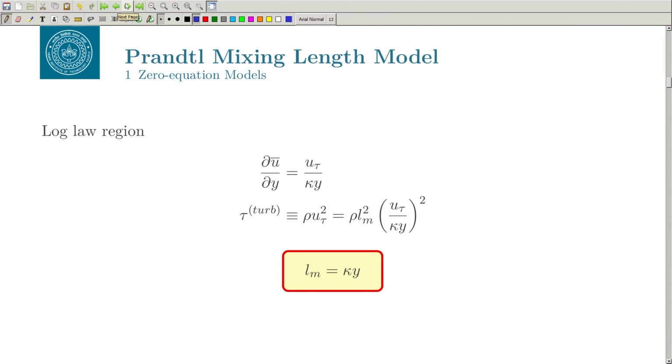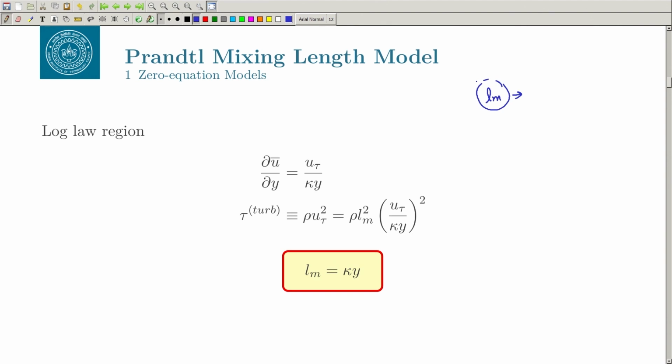Now the question is how do you get this length scale Lm. We have the idea that we want a mixing length, but what is its value in a particular flow? Again, what argument did Prandtl give? He himself was not very convinced of this model.